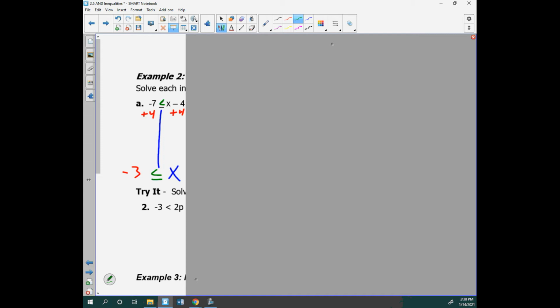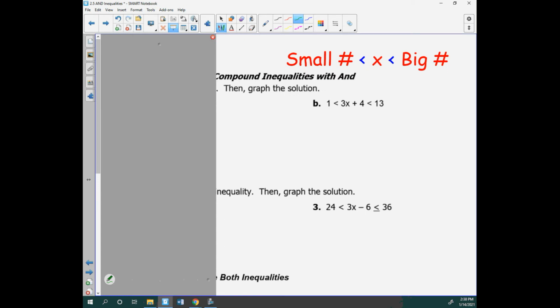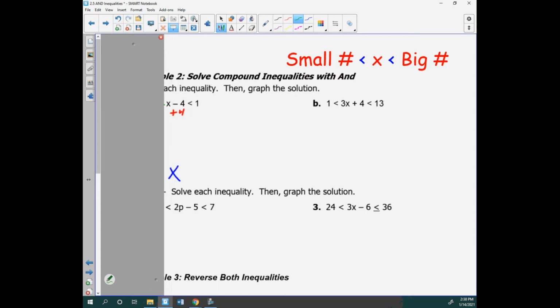Okay? Well, guess what? There's a second half to this problem. Let me just unveil it right there. If you had that problem, you would do the same thing. You would add 4 to this side and to that side. And we would get, what would we get? 5, right?